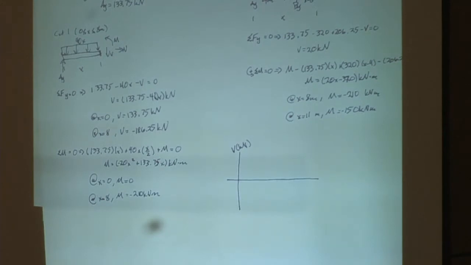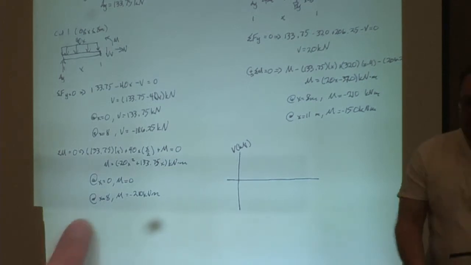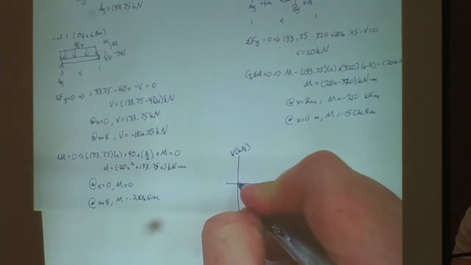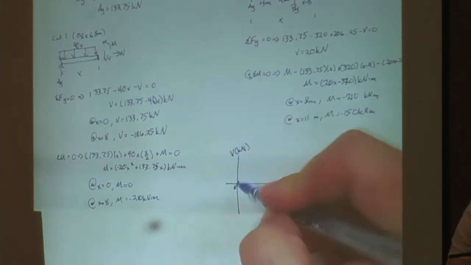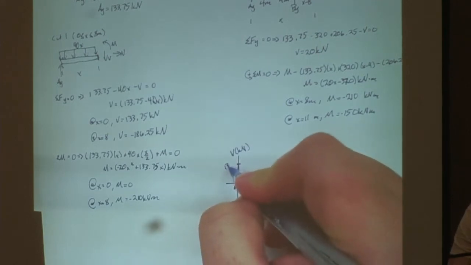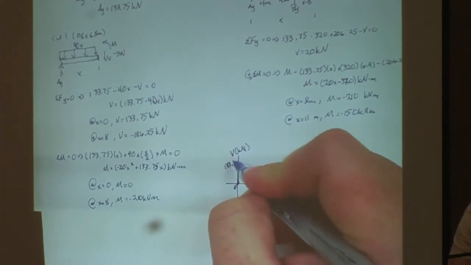Where are we starting on the shear diagram? So we have a reaction force all the way on A, right? So technically we always start out at 0. However, this is going to shoot up, and we're going to be at 133.75.